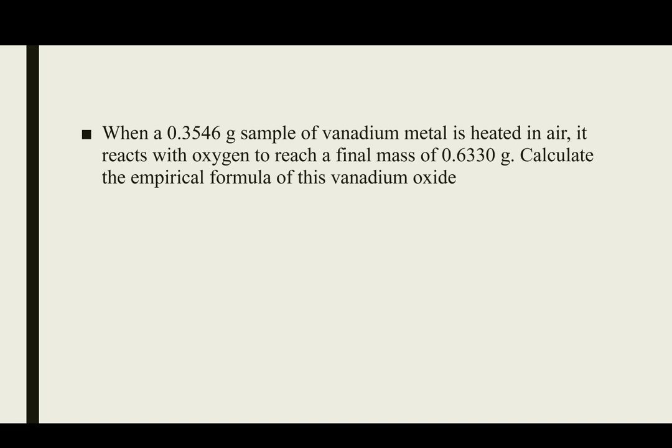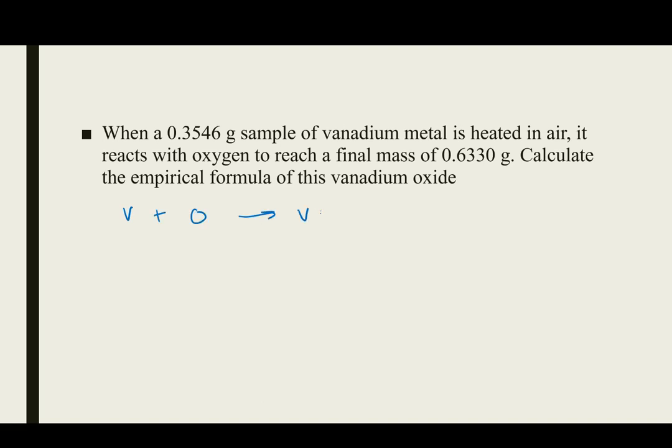I have a 0.3546 gram sample of vanadium metal being heated, so it's reacting with oxygen, to reach a final mass of 0.6330 grams. I need to calculate the empirical formula. So this is incorporating the law of conservation of mass, really. We know we have the vanadium. It's reacting with the oxygen.